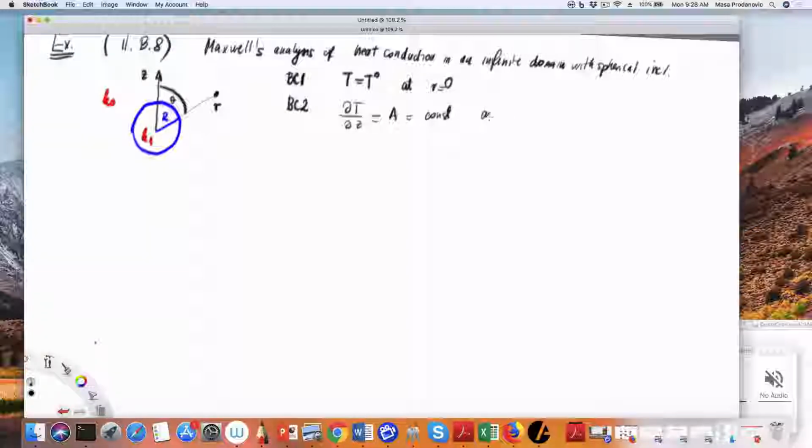So this is away from the sphere, so that I'm going to quantify that as my boundary condition when lowercase r tends to infinity.